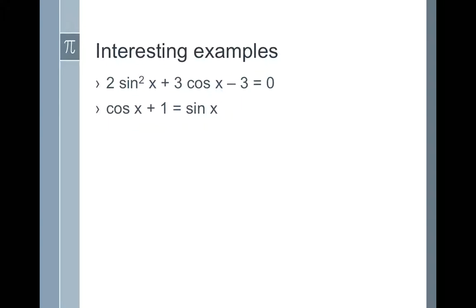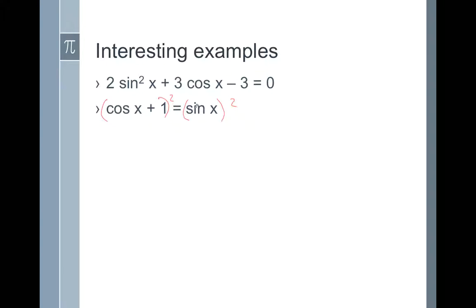This is an interesting example here because it doesn't really look like you can do anything. But if you were to think of squaring both sides of the equal sign, if I squared that and I squared that, the left side, this is something that you just got to become familiar with.